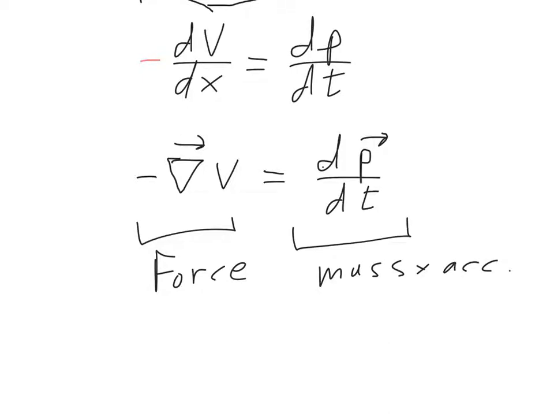And the minus sign indicates that the force points in the direction of moving the particle downhill in potential energy.